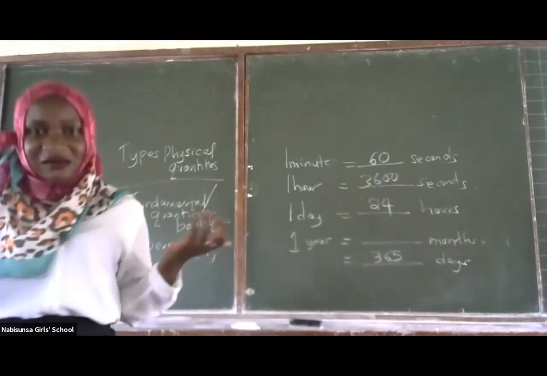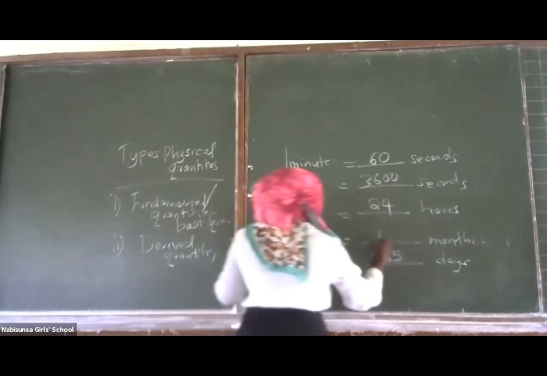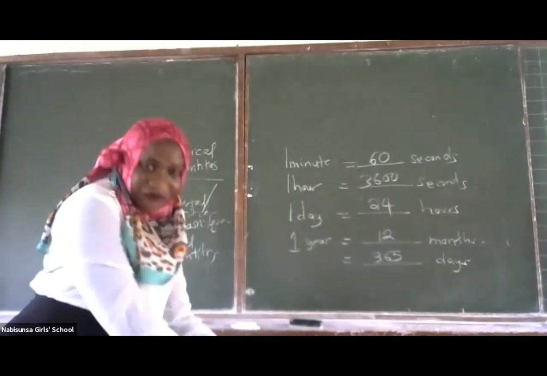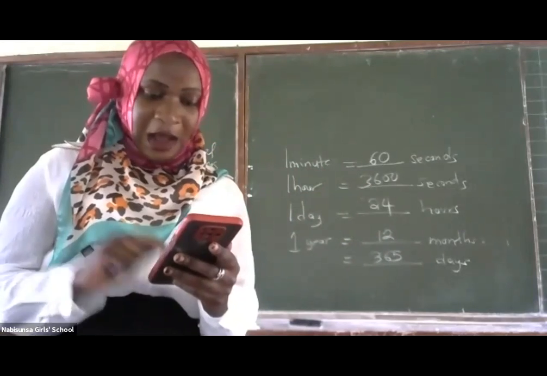How about months? 1 year has 12 months. That means we can change from one unit to another.